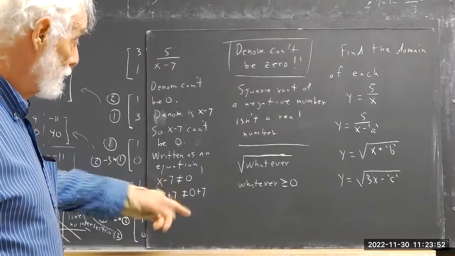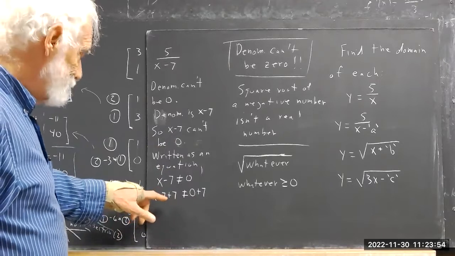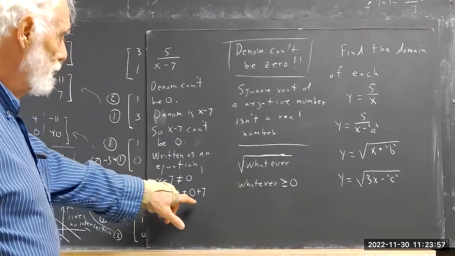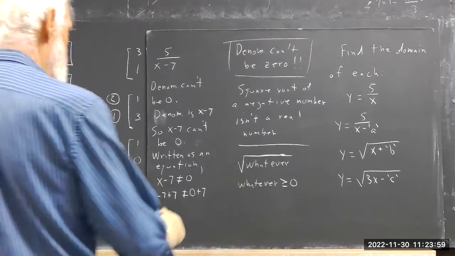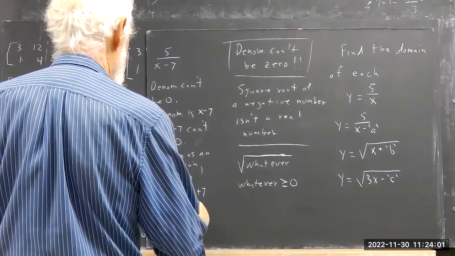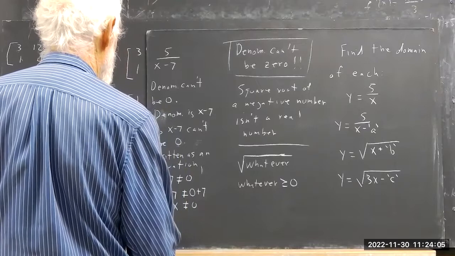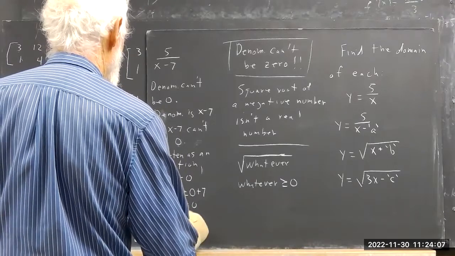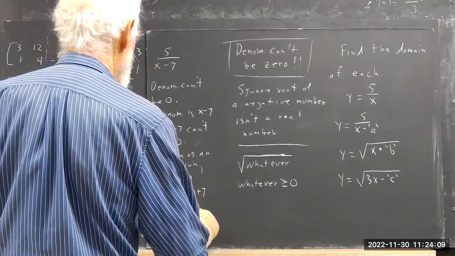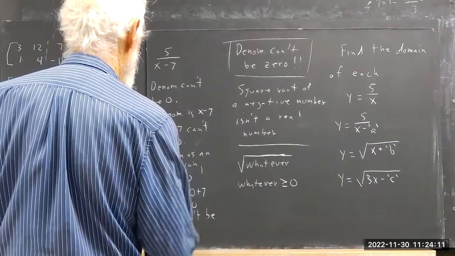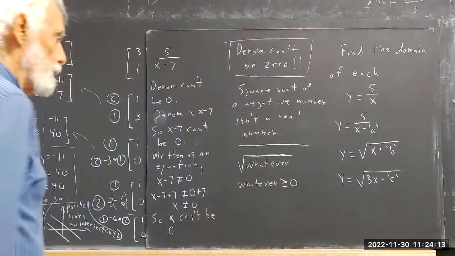If x minus 7 is equal to 0, and x minus 7 plus 7 is not equal to 0 plus 7. So x can't be 0.